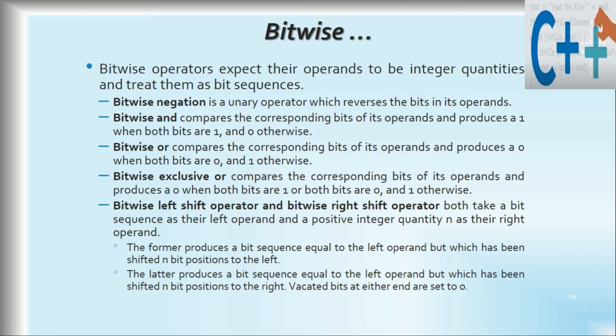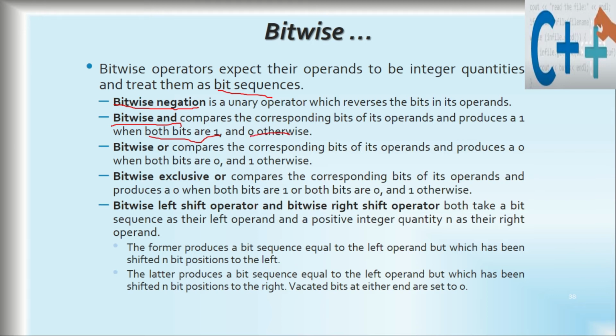Bitwise operators expect their operands to be integer quantities and treat them as bit sequences. Bitwise negation is a unary operator which reverses the bits in its operand. Bitwise AND compares the corresponding bits of its operands and produces a 1 when both bits are 1, and 0 otherwise.